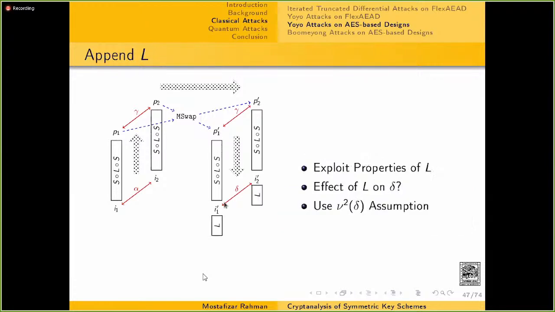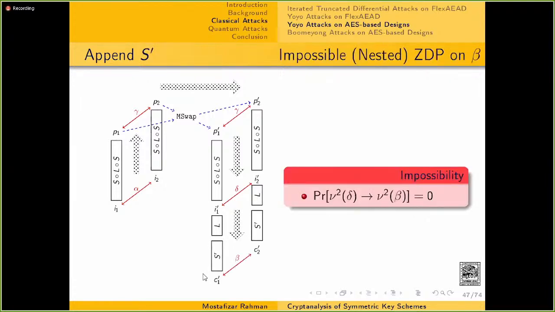Now here we add a linear layer. This linear layer can be mixed columns or some other MDS mixed column layers. After that, we add here an S-box layer, a non-linear layer. This non-linear layer can be anything. It can be a simple S-box layer, or it can also be a super S-box layer.